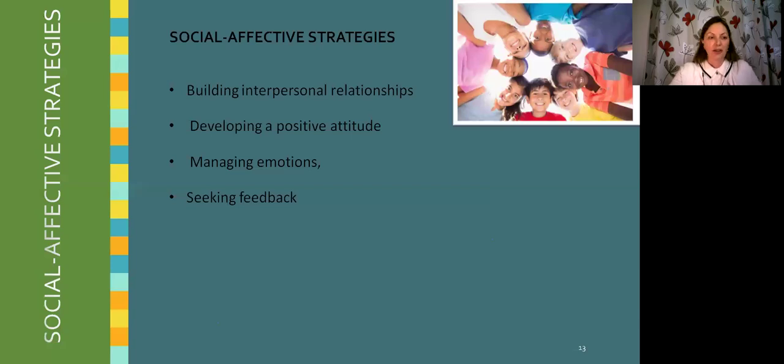They don't use only cognitive or metacognitive or social affective, but they use all of them. For example, they may decide to watch or listen to audio content to improve their pronunciation or their vocabulary. That would be metacognitive strategy. And then maybe they will decide to take notes. That would be cognitive strategy. Later, they could discuss what they were listening to, and that would be social affective strategy.